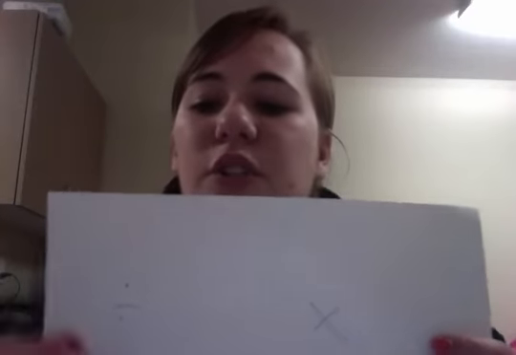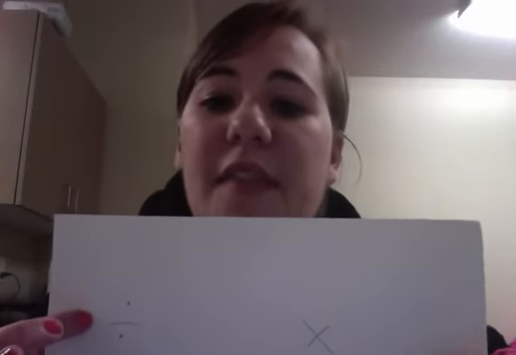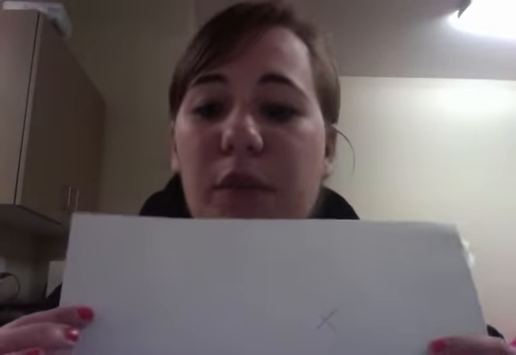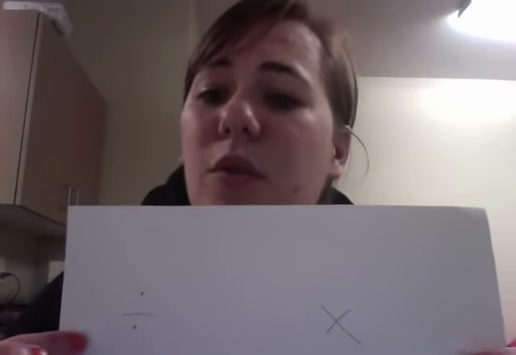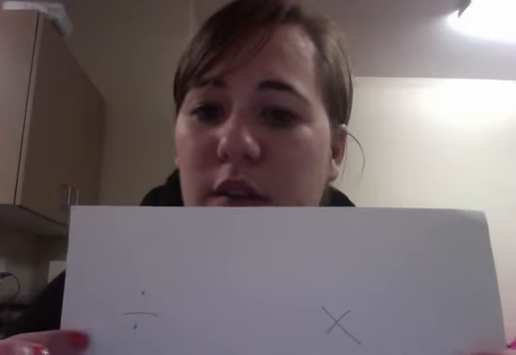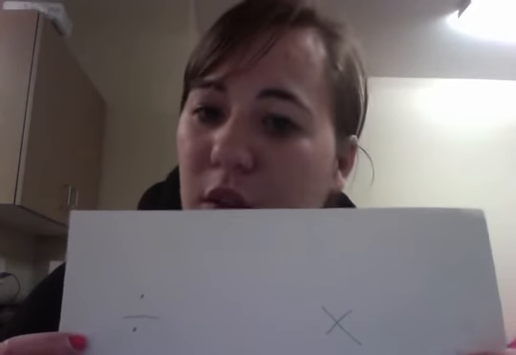Once they know what those 3 symbols mean, I will introduce the other 2 symbols, which are division and multiplication. They probably won't learn division and multiplication for a couple more years, but it won't hurt to teach them those as well.